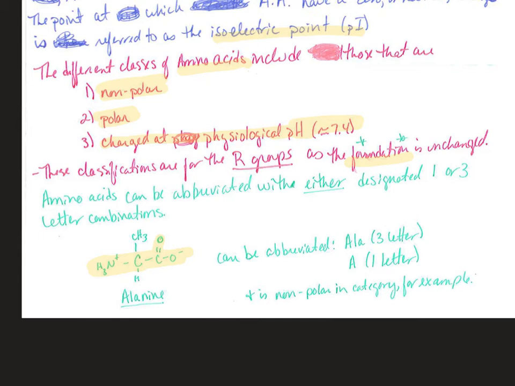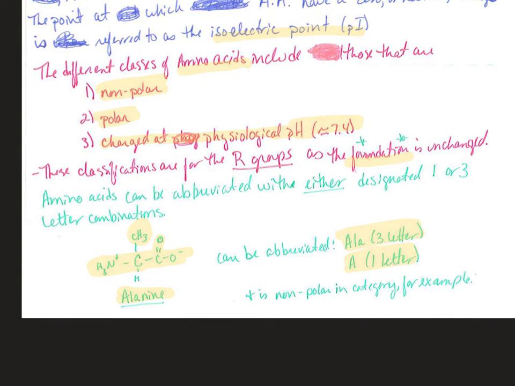So amino acids can be abbreviated either with 1 or 3-letter combinations. So if this is alanine, which it is, and I can tell that by the R group that's up here, this can be abbreviated as a 3-letter abbreviation of ALA, or it can be abbreviated as A. How do you find that? Look for those charts that I'm talking about.